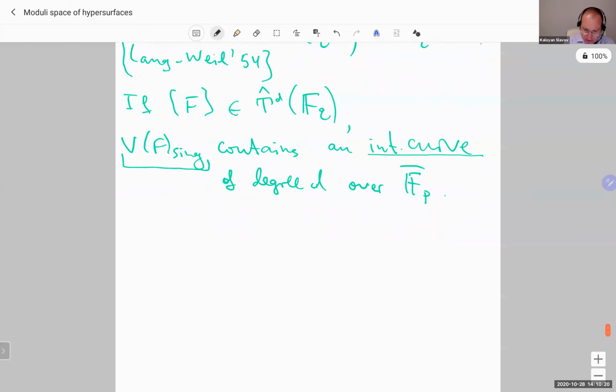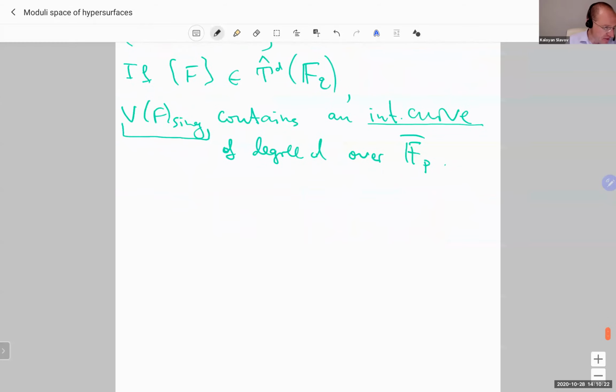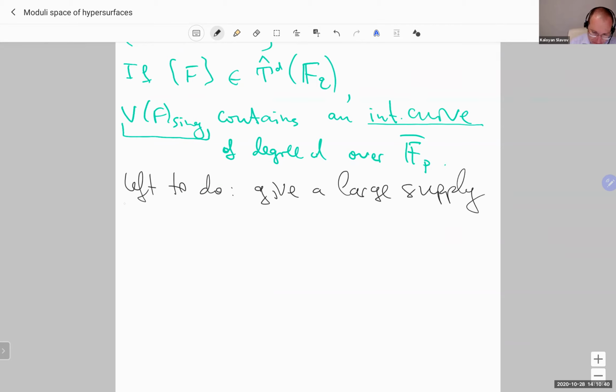To give an upper bound on that, here's how we proceed. And that's the end of the scheme theory part of the talk. From here, we start the point counting over finite fields. What is left to do is give a large supply of F polynomial with coefficients in FQ, x0 until x3.